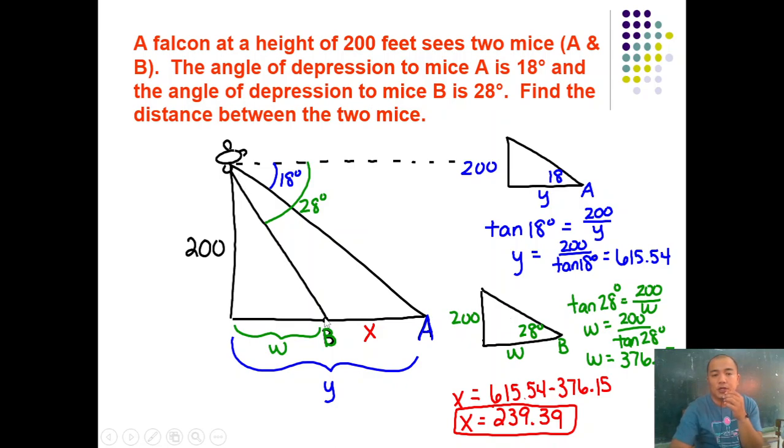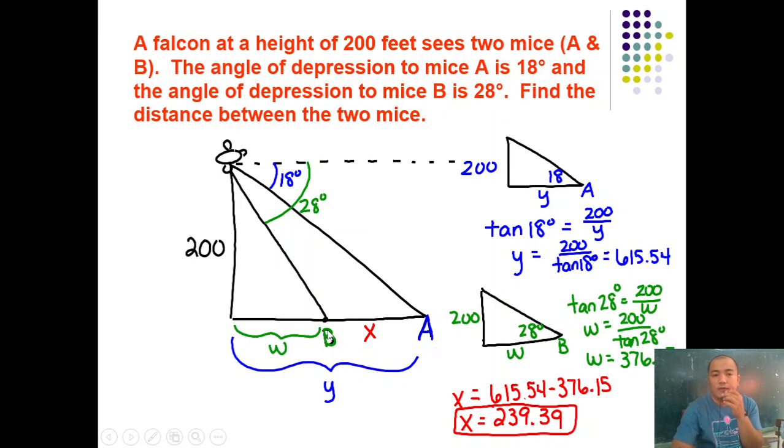Solving for the smaller triangle, 200, W, 28 degrees. Still, we use tangent 28 degrees equals 200 over W. 200 divided by tangent 28 is 376.15. W is 376.15, while y is 615.54.